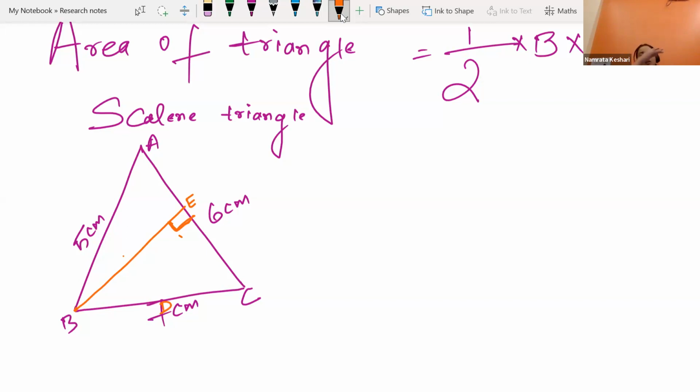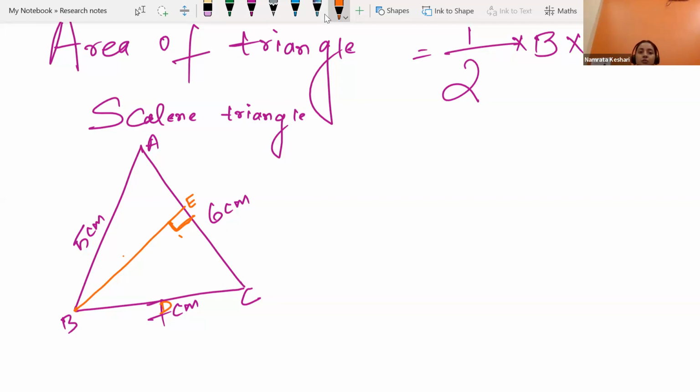Base doesn't mean the horizontal line. Base doesn't mean the ground level. Base means the side on which you are dropping the perpendicular. So here in this triangle, if I am telling that height is BE, of course the base is AC.